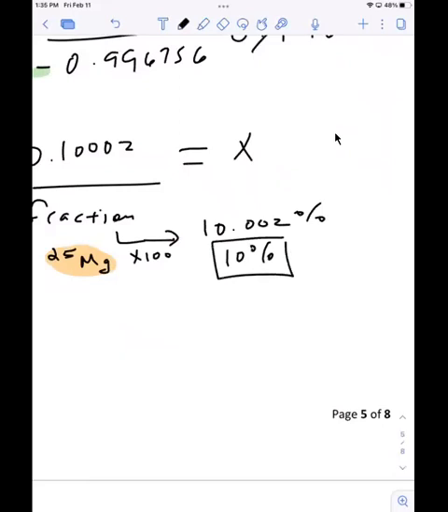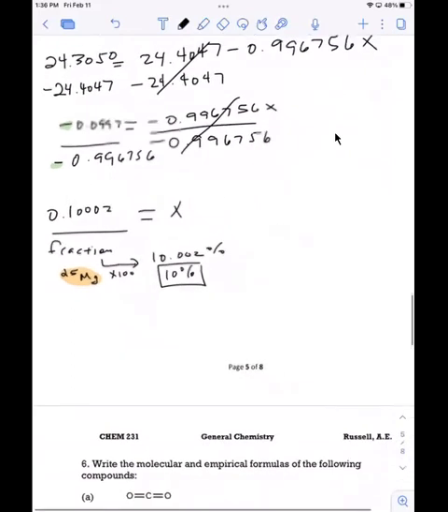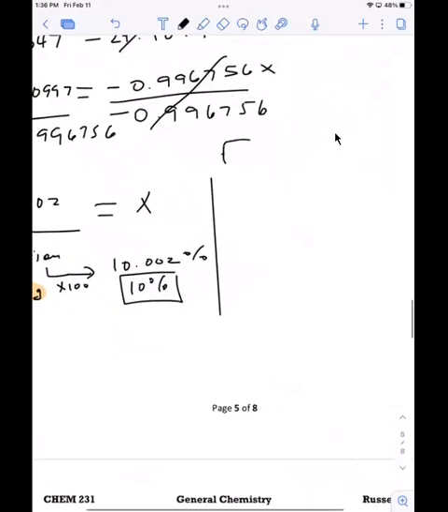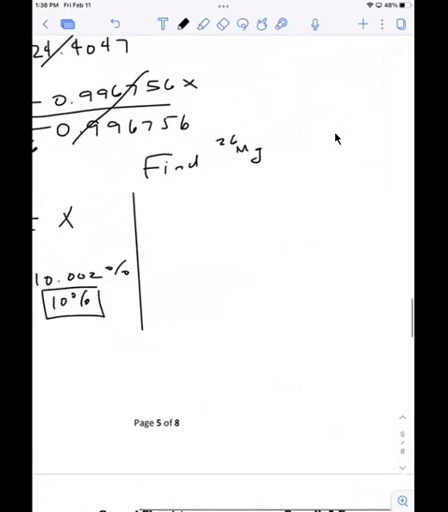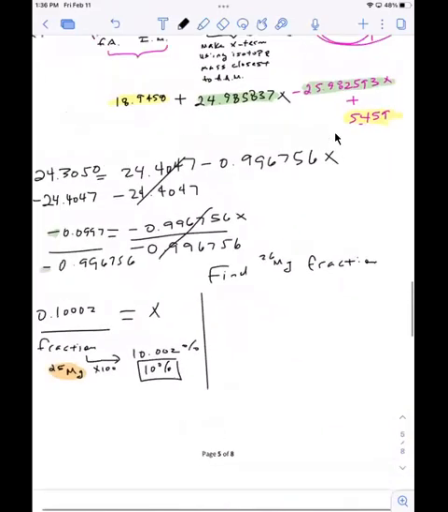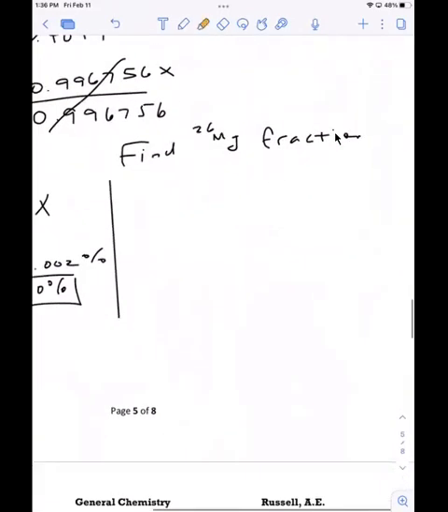All right, now what do we need to do to find the other fraction? Because this is the x term, and we have another term for magnesium 26, is that right? That's in green.